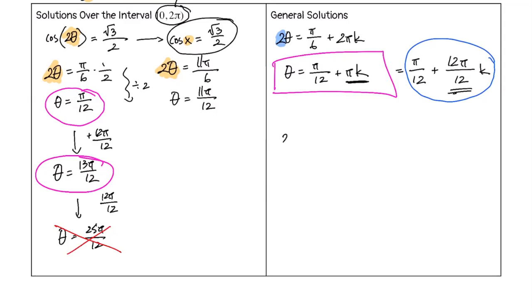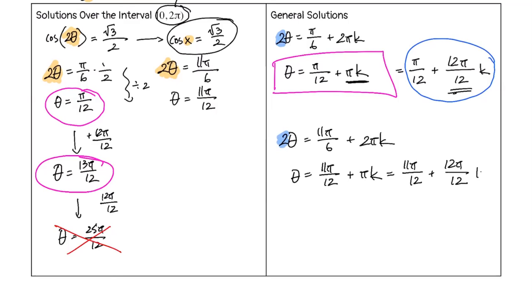We had 2 theta equals 11 pi over 6 plus 2 pi k, right? Well, we got to take care of that coefficient. So we got to divide, but we got to divide everything by that coefficient. So theta equals 11 pi over 12 plus pi k, or to prepare, 11 pi over 12 plus 12 pi over 12 k.